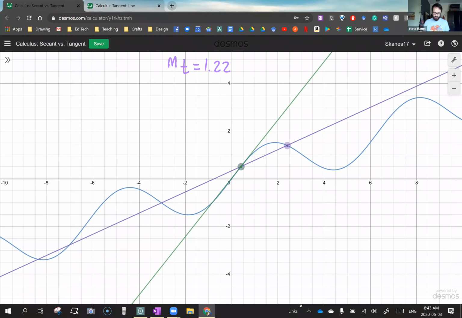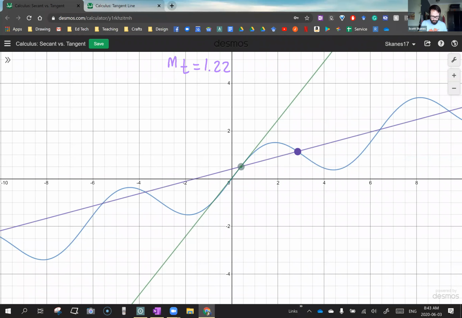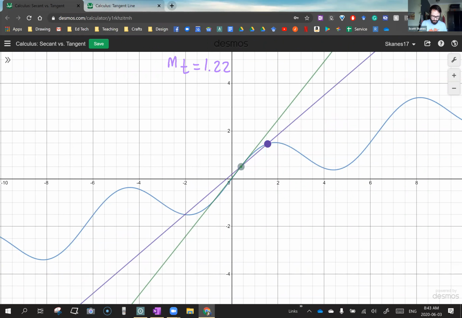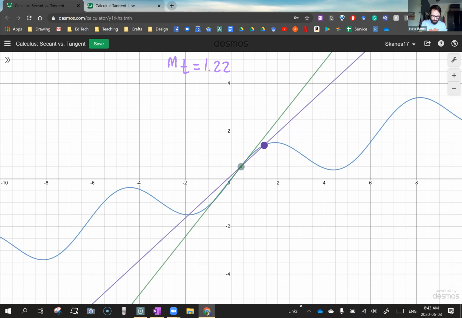And look, those two lines, the purple line and the green line, purple line is the secant line. If we move the point around, we can get closer and closer to the tangent line. And the closer those 2 points get to the tangent, the closer the slopes are going to be. Look how close they get as I close the distance in the x values between the 2 points.